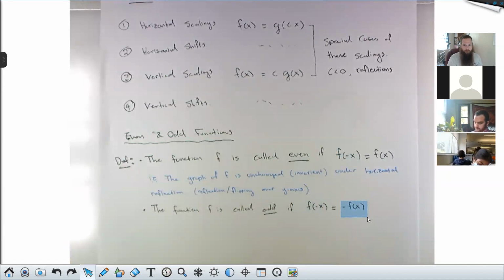The right-hand side here, negative f of x, look at that, that's a vertical scaling, right? That's the special case where c is -1. That's a vertical reflection, or a reflection over the x-axis. So geometrically, what this is saying is that reflecting over the y-axis is the same as reflecting over the x-axis. So it's not so much an invariance.